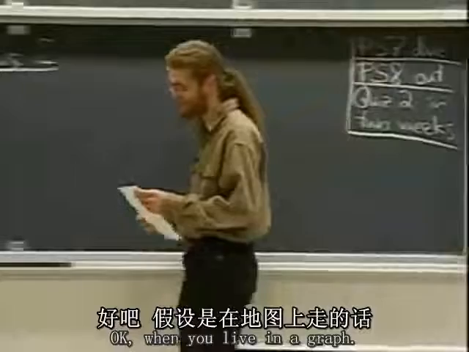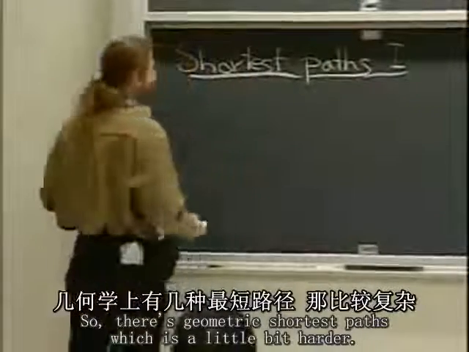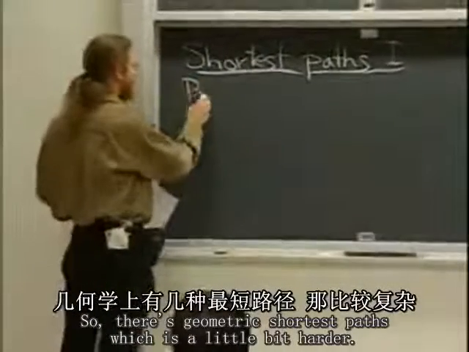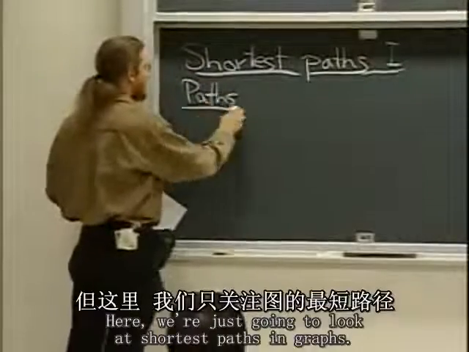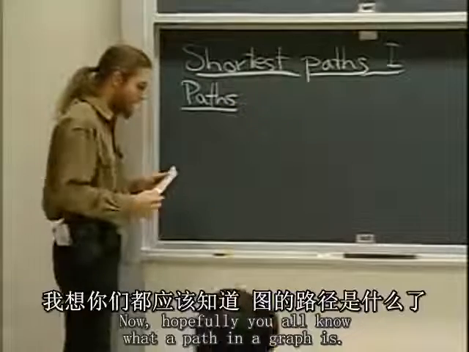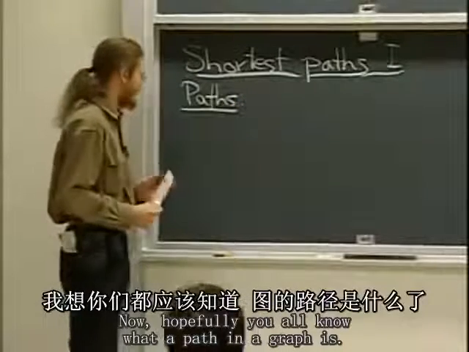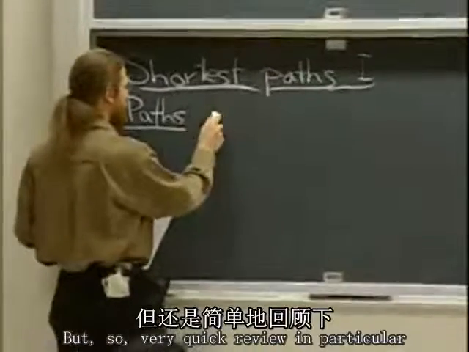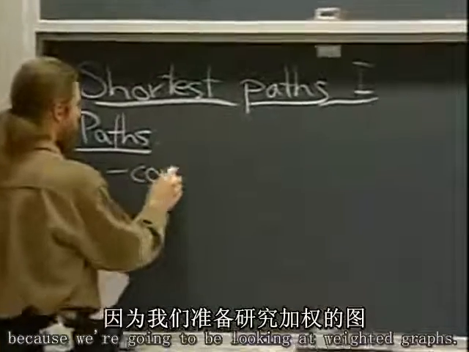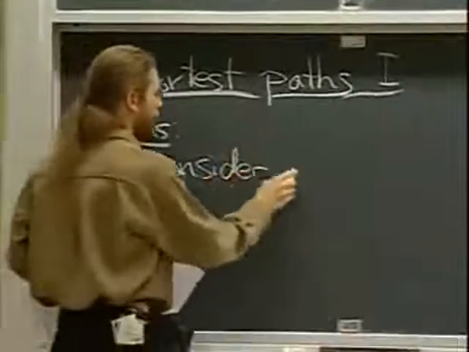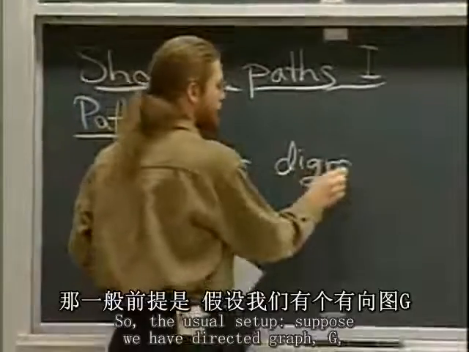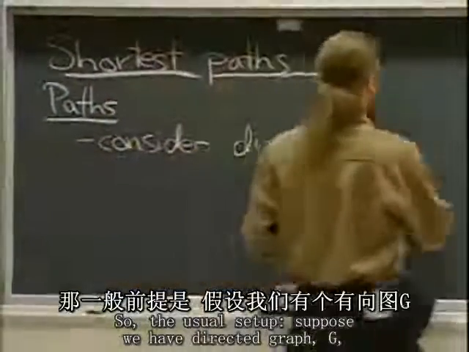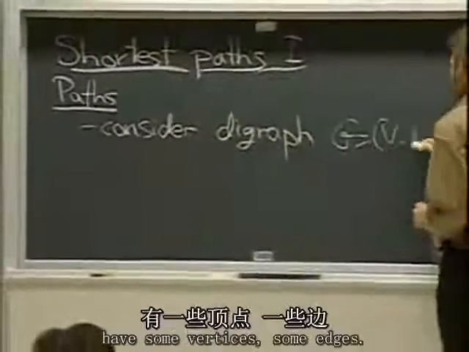when you live in a graph. So there's geometric shortest paths, which is a little bit harder. Here we're just going to look at shortest paths in graphs. Now, hopefully you all know what a path in a graph is, but some very quick review in particular because we're going to be looking at weighted graphs. So the usual setup, suppose we have a directed graph, G, has some vertices, some edges.